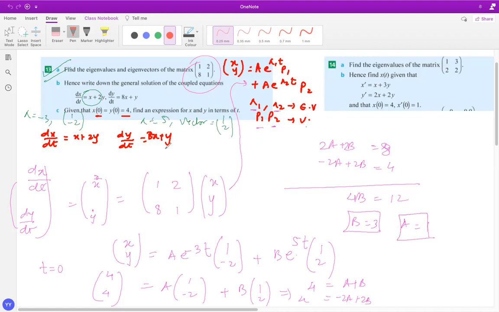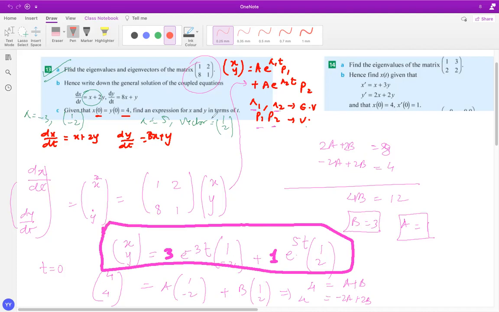So my general solution, when I substitute the values of a and b, is with a being 1 and b being 3. This is my final solution of this equation. Hope this is helpful.